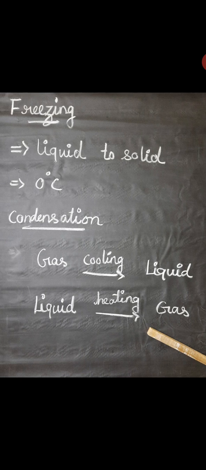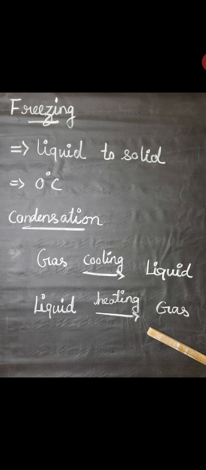So next we can see the condensation. Condensation is gas to liquid, in the process of cooling. Liquid to gas is in the process of heating. So condensation is the changing of a gas into the liquid state, and it happens by cooling. Then evaporation is the changing of a liquid into the gaseous state, and it happens by heating.